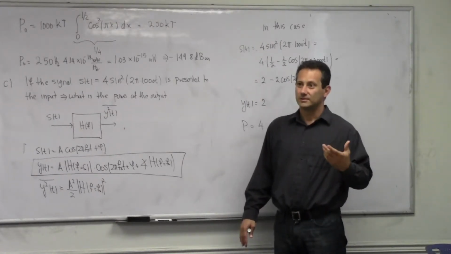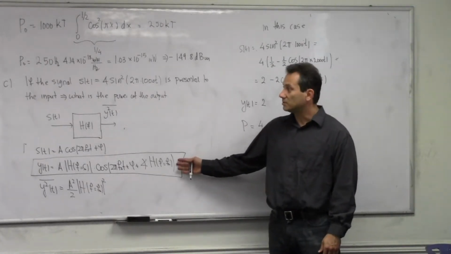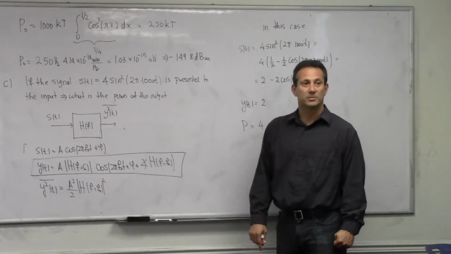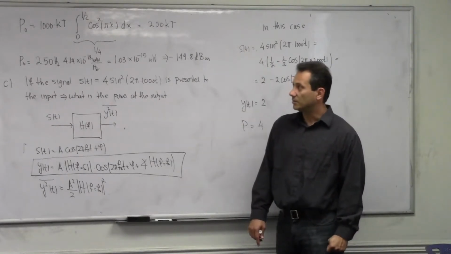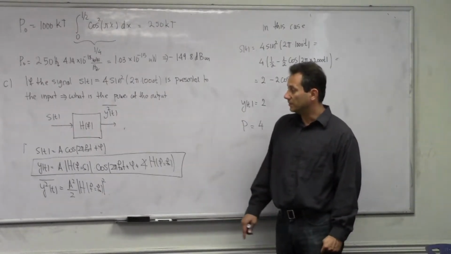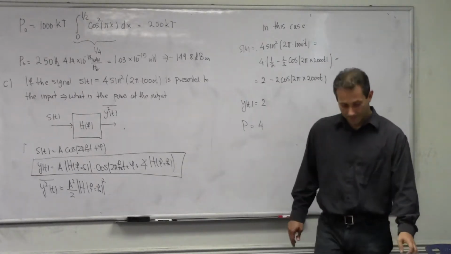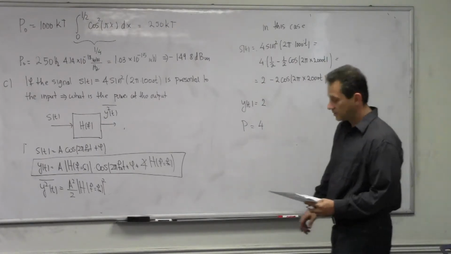It's a central piece in everything we do. So make sure this is just as important as the one I had before that tells us how the power spectral density changes when a random process goes through a linear time invariant system. So make sure you know this. All right, that's the first part.